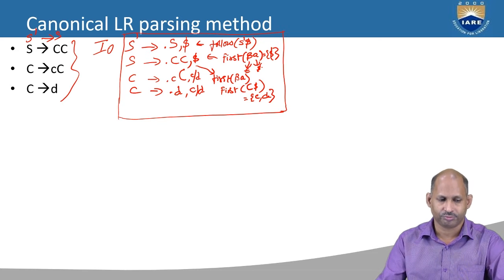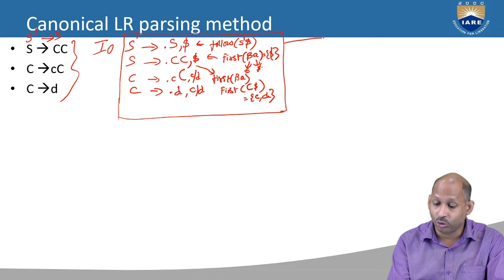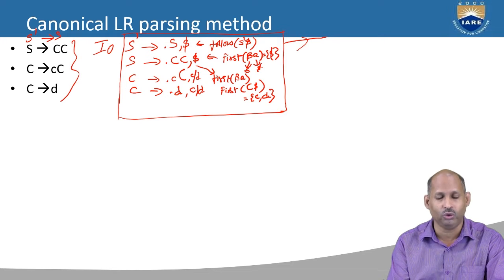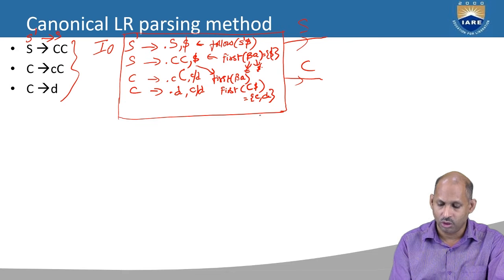Now here, the dot is followed by capital S, capital C, small c, and small d. So there will be goto operations: a goto operation on S, on variable C, on terminal c, and on terminal d.